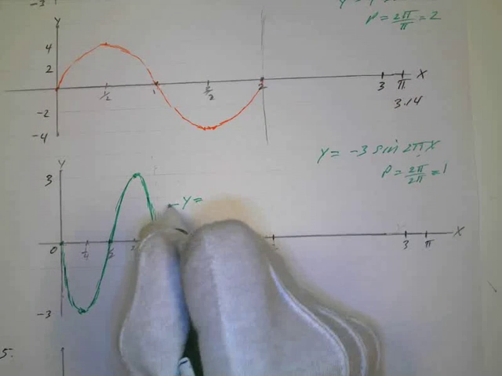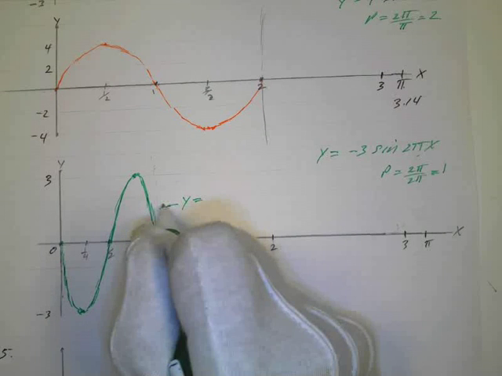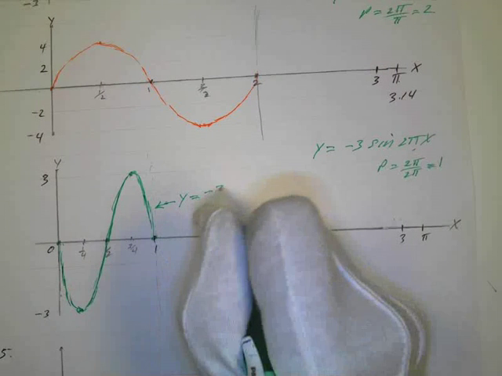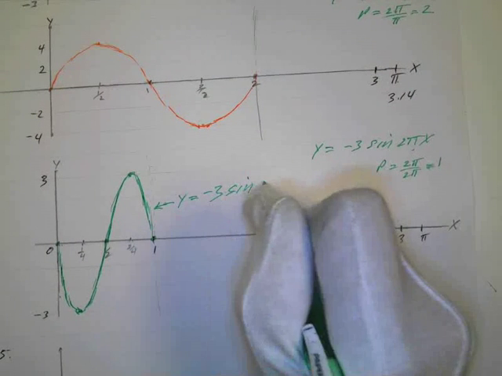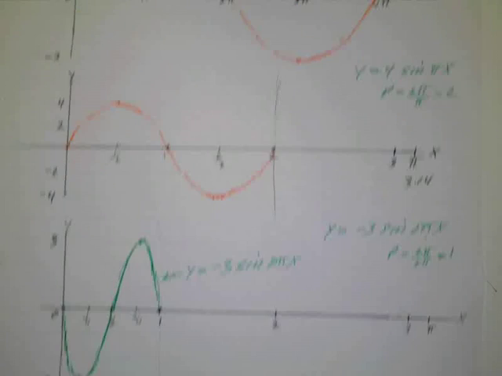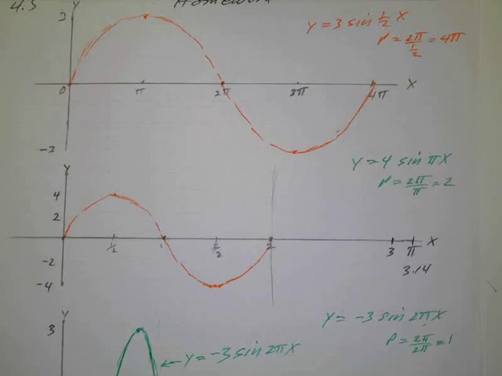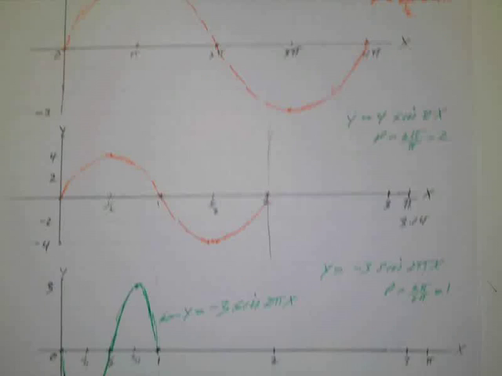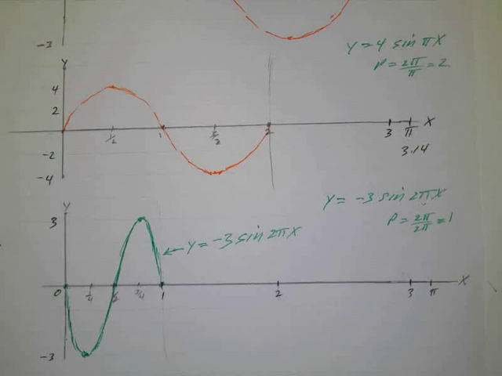So this is y equals negative 3 sine 2 pi x. Okay? So those 3 there, you can kind of see how they're relatively comparable. I used the same scale for 9 and 13, a little different scale for 11, as far as the vertical scale. Okay, hope those help.